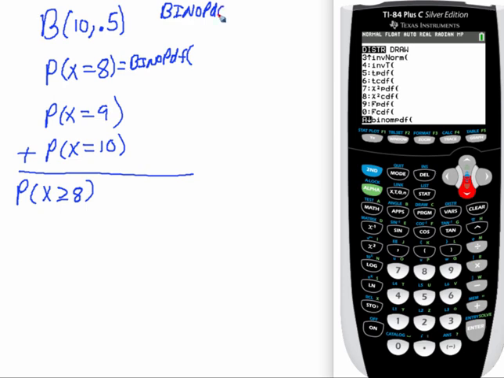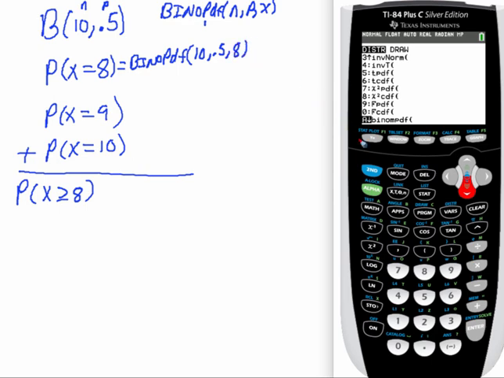When you do binom PDF, you need to give it the number of trials, the probability of success, and then x, the particular value of x you're looking for. So this is always n, that's p, and then the x, and you get those from the particular problem you're working on. Think PDF, P for a particular value. In this case I'm looking for x being equal to 8, so this is going to be 10, 0.5, 8.